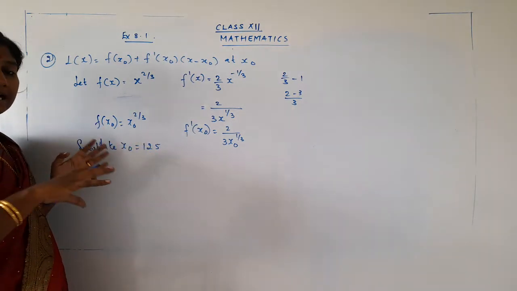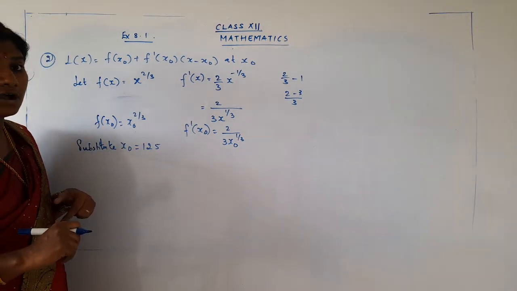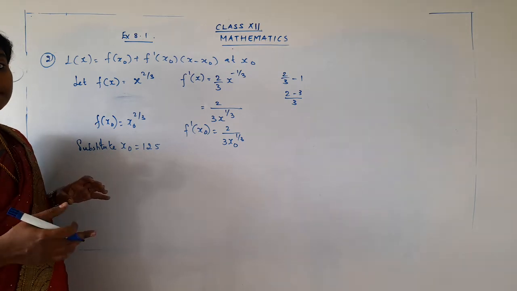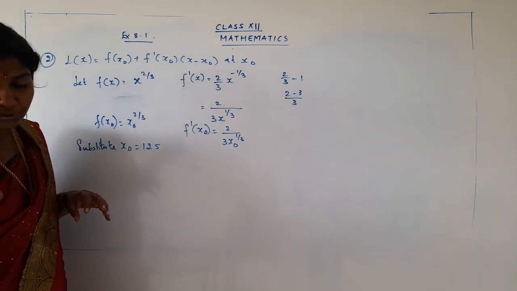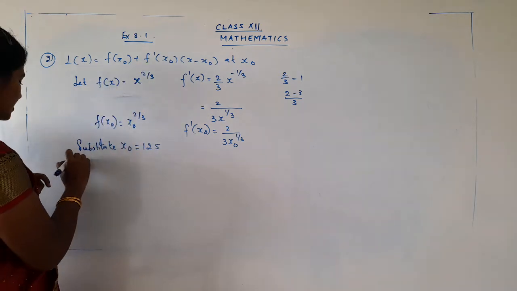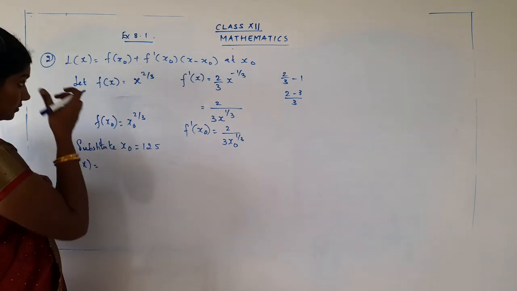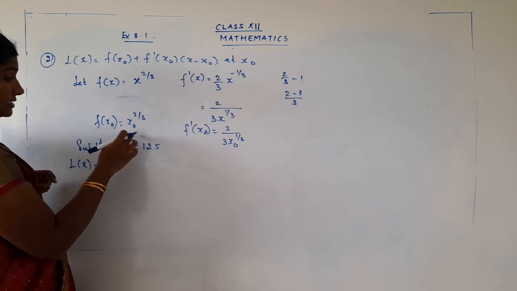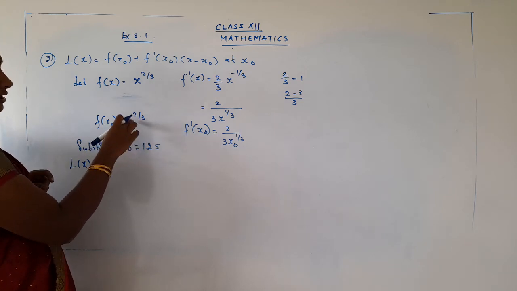After finding the answer for 125, I will find the answer for 123, because we have to find 123 raised to 2 by 3. So I will take now 125. Just substituting into the formula, I get L of x is equal to f of x naught, that is, in place of x naught we put 125.